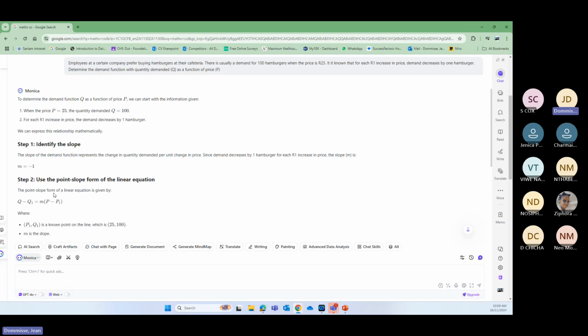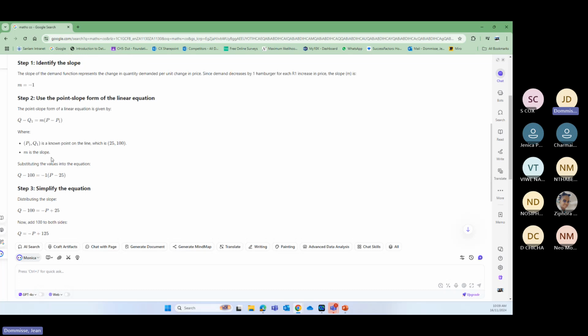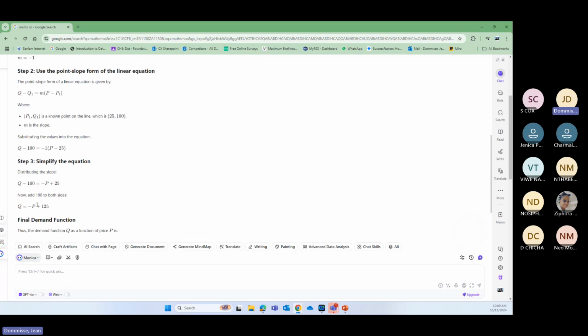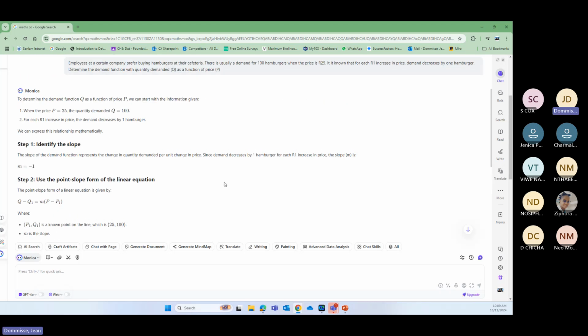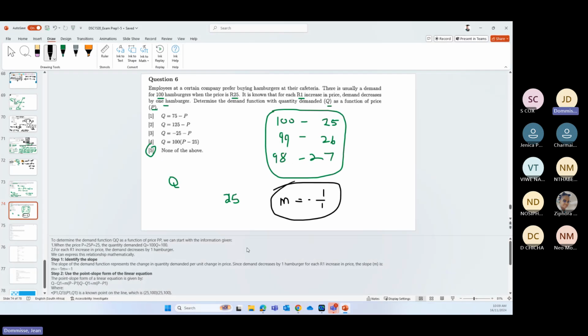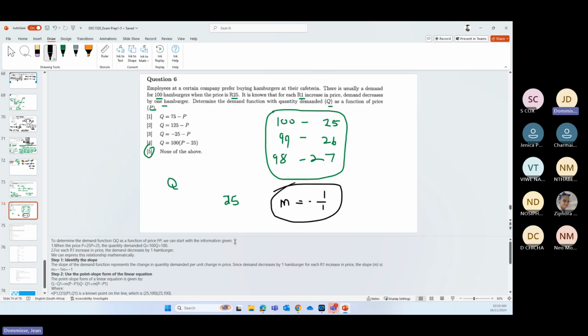And then because we now have a slope, we actually know what m is. We've got those two points, so we can then work out and simplify to a formula. And it is in the formula of a demand, where there is a price and then, okay, this one I totally missed. You can see here in the bottom all the steps.